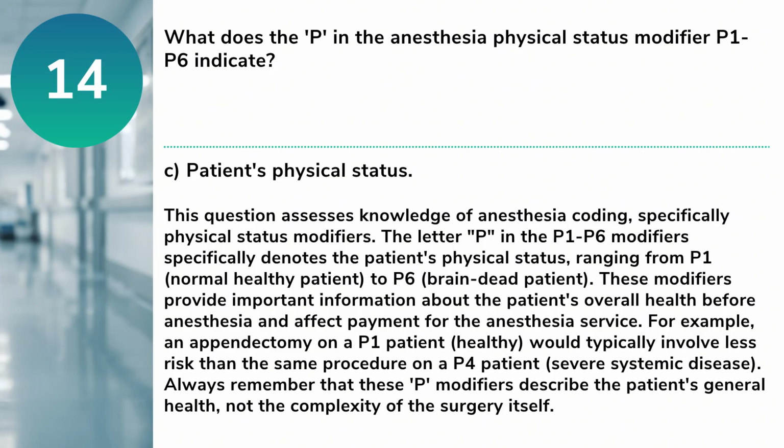These modifiers provide important information about the patient's overall health before anesthesia and affect payment for the anesthesia service. For example, an appendectomy on a P1 patient, healthy, would typically involve less risk than the same procedure on a P4 patient, severe systemic disease. Always remember that these P modifiers describe the patient's general health, not the complexity of the surgery itself.